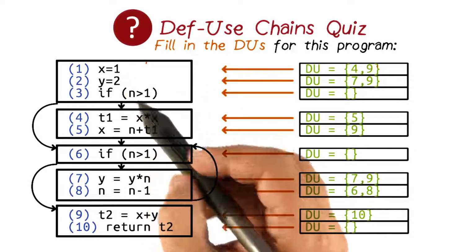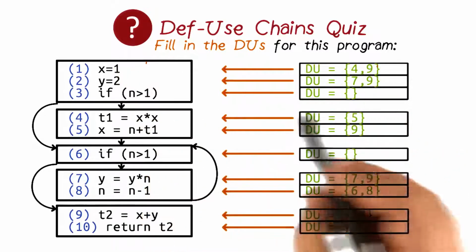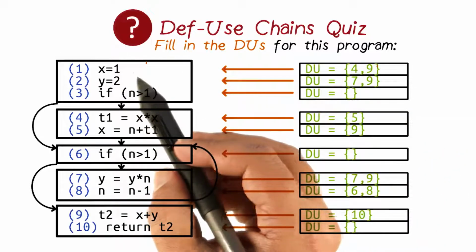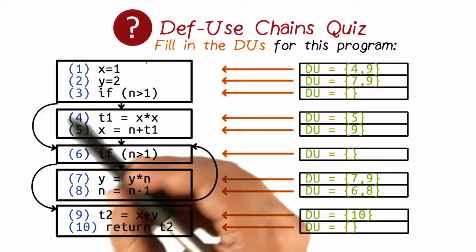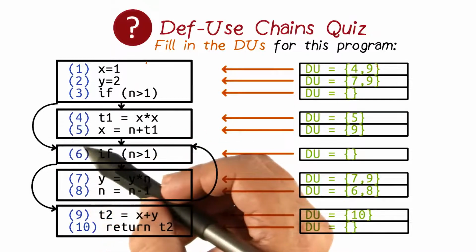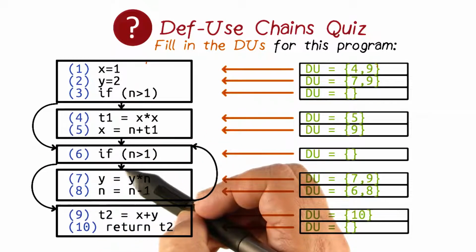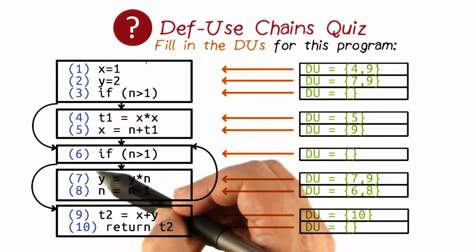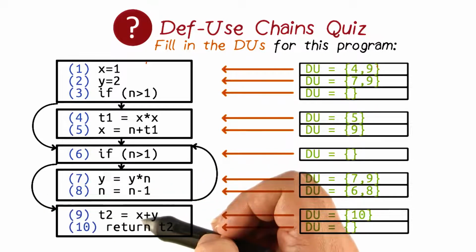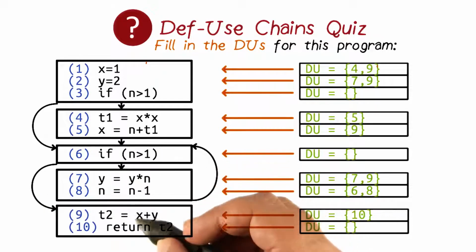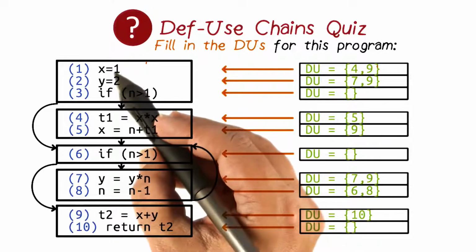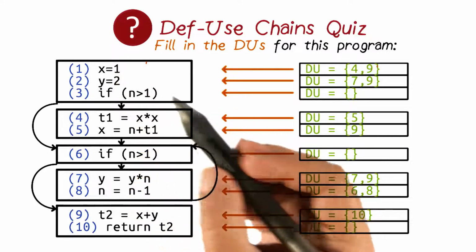In similar ways, we could go from here to here, follow this control flow, and eventually go to statement number 9, and this x in statement number 9 could also use this x is equal to 1.